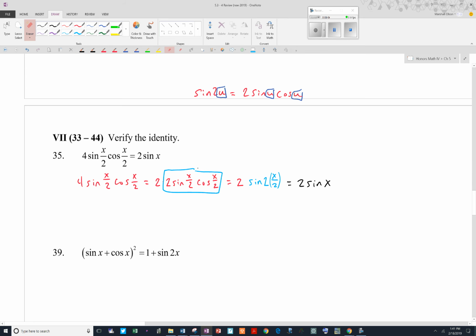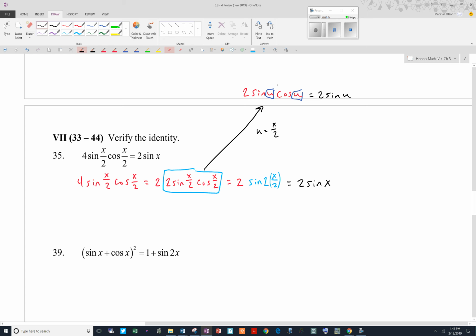All right, so you have to recognize how much this looks like that side right there, except we're saying u is that x over 2. That's what's being repeated each time. So, flipping this around, maybe it would have been better for me to write that this equals 2 sine of u right there. And what we're saying is u is x over 2.